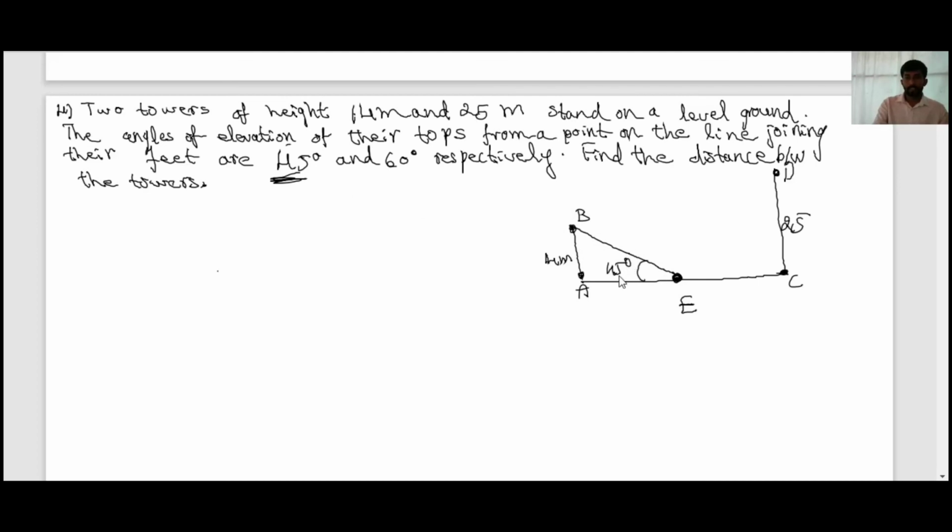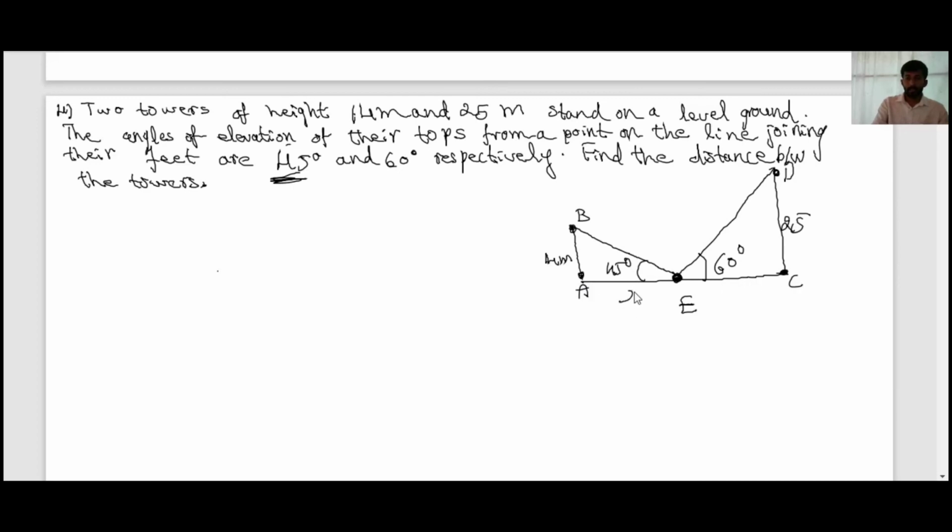Then if you are looking at the tower CD from the point E, at that time the angle of elevation is equal to how much? It's equal to 60 degrees. What's the given data? Find the distance between the towers. That means AC you need to calculate. From A to C, the length is nothing but the distance between the two towers, right?